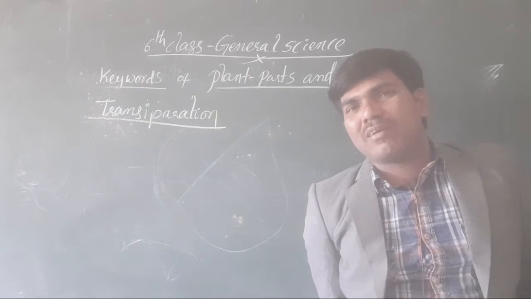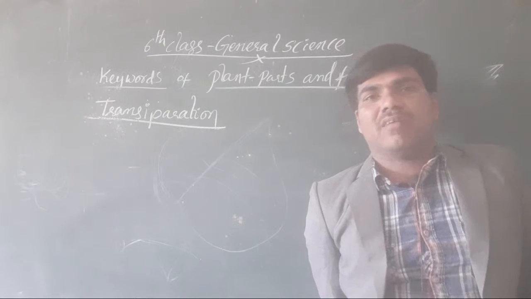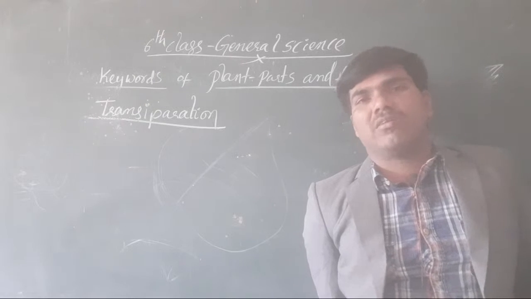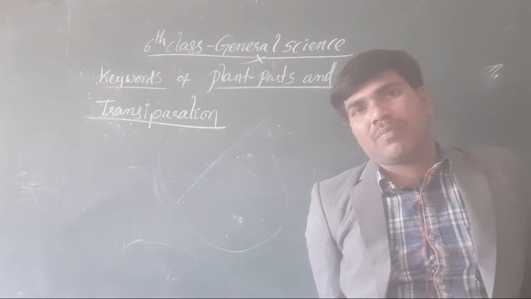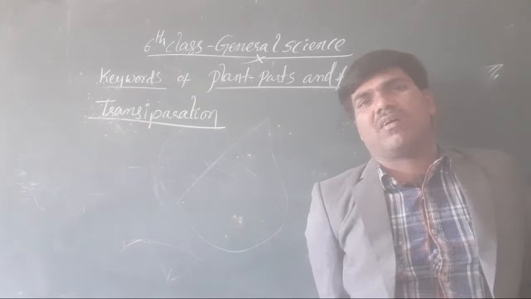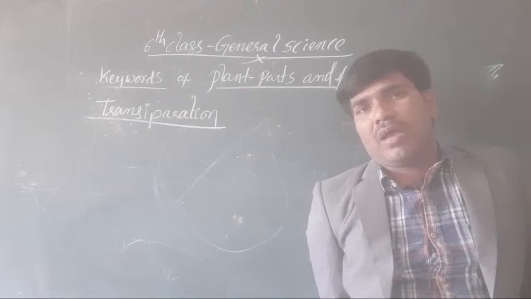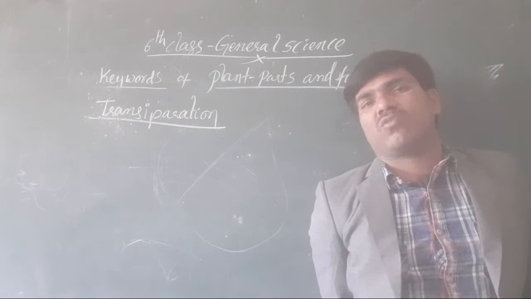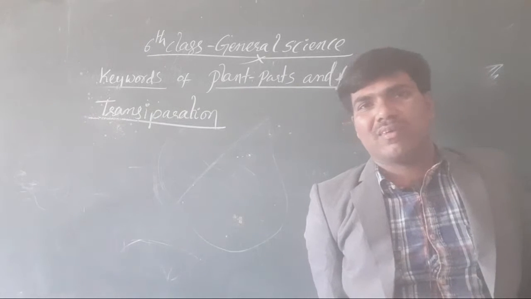Why does it become excess? Tell me, why? Sometimes most of the water is available through the roots. Suppose in the winter season or in the rainy season, a lot of water may be absorbed through our roots, and it is sent through the stem and carried into the leaves.